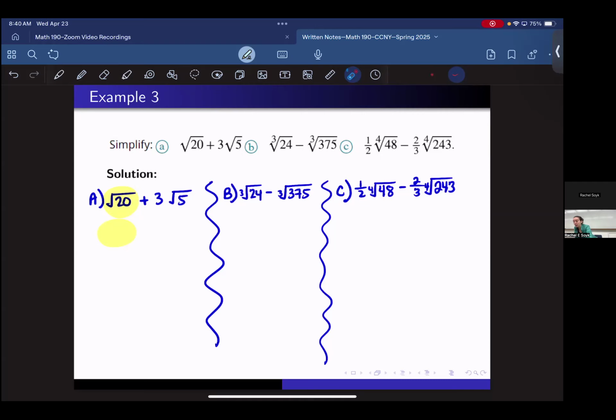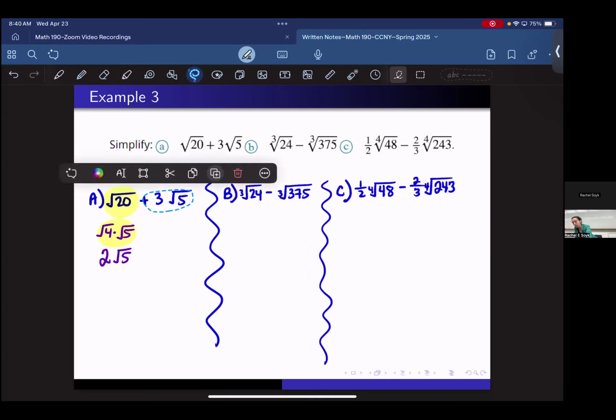We have 4. So the square root of 4 times what gives you 20? Times the square root of 5. And we know the square root of 4 is just 2. So in simplified radical form, the square root of 20 is just 2 times the square root of 5.